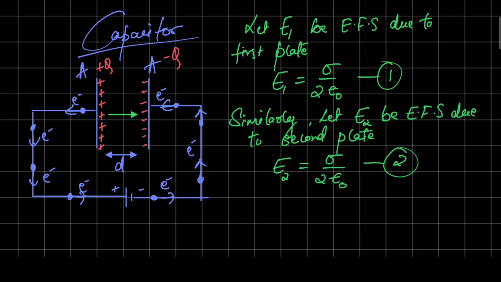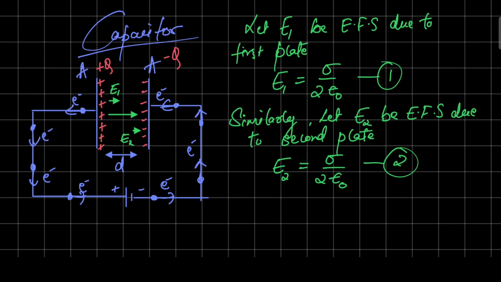But in this case it is very simple, because the electric field from the positive plate will emerge in this direction, and we are calling this electric field E1, and the electric field at the negative plate will terminate, and we are calling this E2.